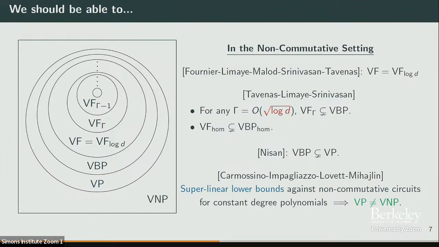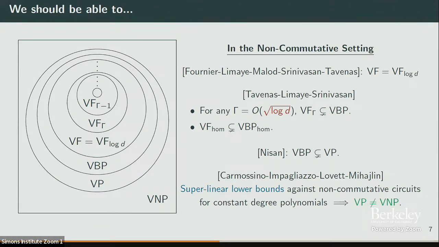Okay. So now that we know that Nisan has already proved the separation between these two, for the rest of the talk, I would like to focus on what is happening in VP versus VNP in the non-commutative setting, and also between VBP and VF.